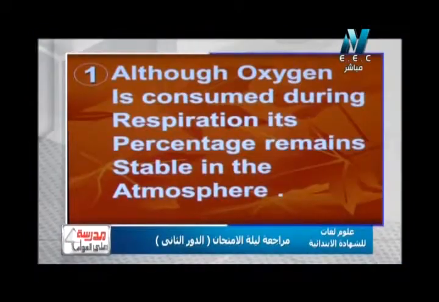Surely we know that there is a very important living organism that compensates for the oxygen that decreases in our life through the respiration process. So I can write because oxygen gas is produced during photosynthesis process by green plants.